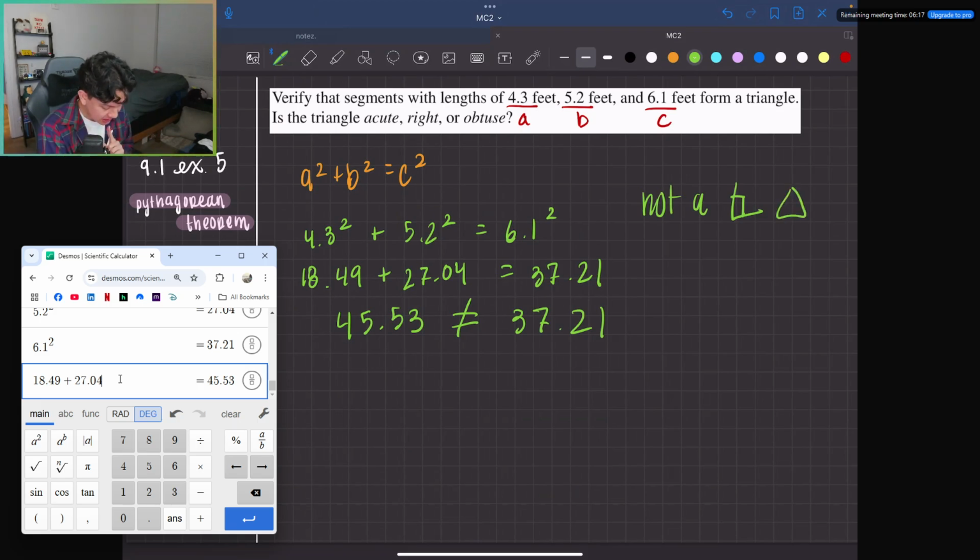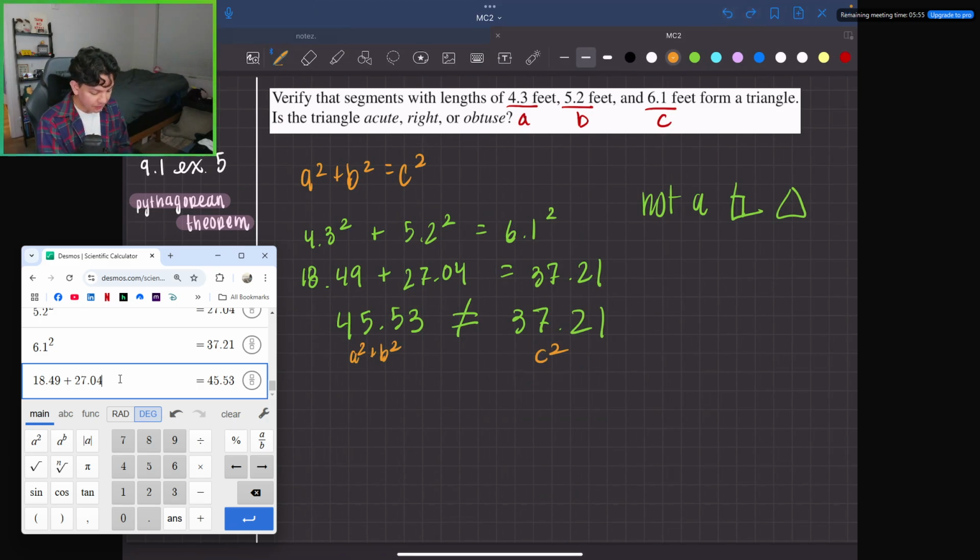Let's see. Is it going to be obtuse? Well, it is obtuse if our c squared value is greater than our a squared plus b squared. This one is our a squared plus b squared, and this is our c squared. It is not obtuse because c squared is less than our a squared plus b squared.